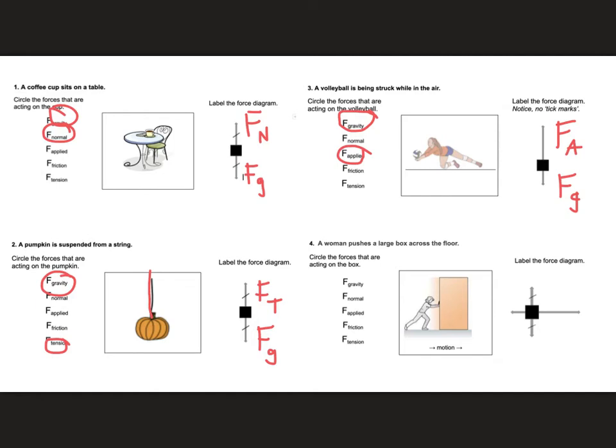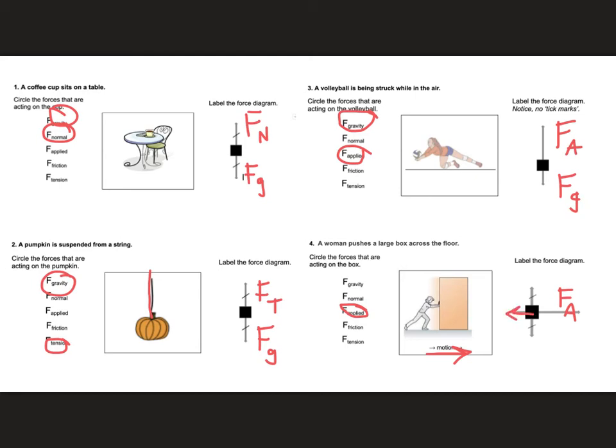In the last picture, we have a woman pushing a box across the floor. It's moving to the right. So her hand is pushing. That is an applied force. That's in the direction of the motion. But anytime something slides along a surface, there is a force that's pushing against it as well.